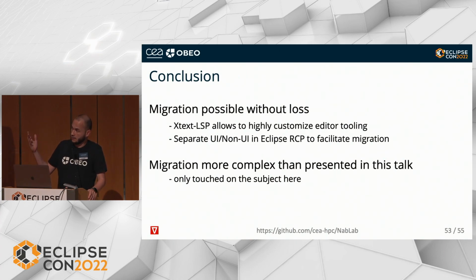I also only quickly showed the trace output, and I didn't mention all the adaptation I had to make on the existing code to separate the UI and non-UI concerns, and also all the evolution I had to make in Sirius Web in order for the migration to be a success.